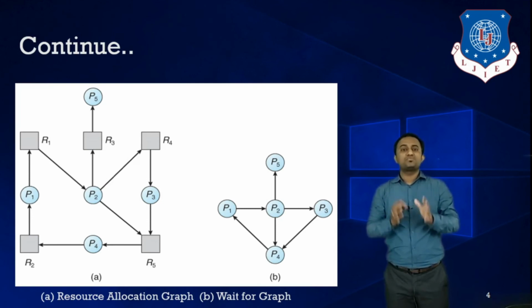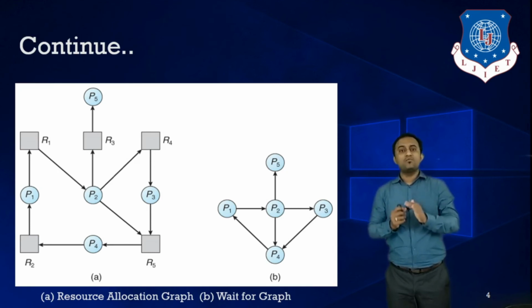If a closed loop is found in this graph, then we need to know whether this cycle leads to a deadlock situation or not. So let us convert this resource allocation graph into the corresponding wait for graph, and then we can conclude whether the deadlock is present or not.